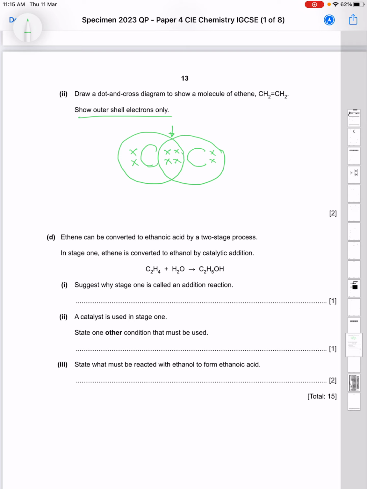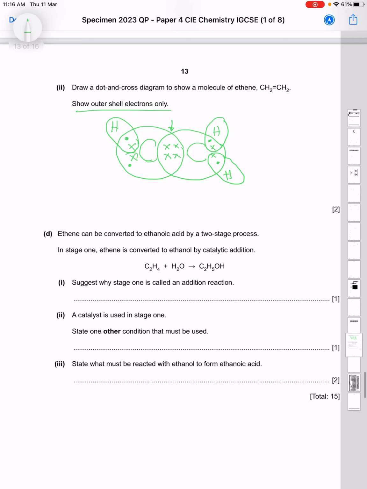Then the hydrogen here is forming 1 bond, and there's another hydrogen also forming another bond, and I will refer to the electrons of the hydrogen with a dot. So here we go. This is the hydrogen, and this is the other hydrogen. So this is the dot and cross diagram for the ethene, showing all the shared electrons.